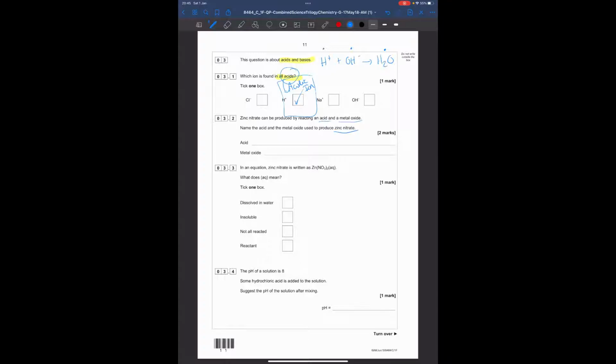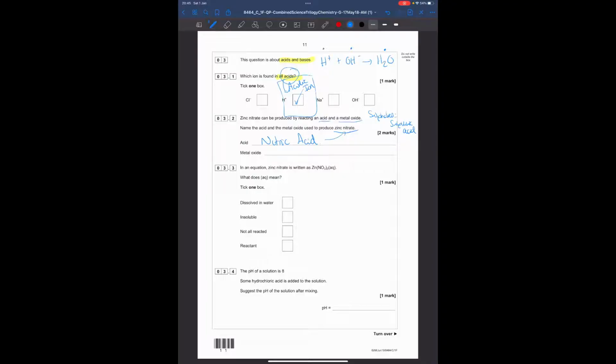Now, because it is a nitrate, the type of acid we would have to use is therefore nitric acid. You should remember that sulfates come from sulfuric acid. Nitric acid makes nitrates, and hydrochloric acid makes chlorides.